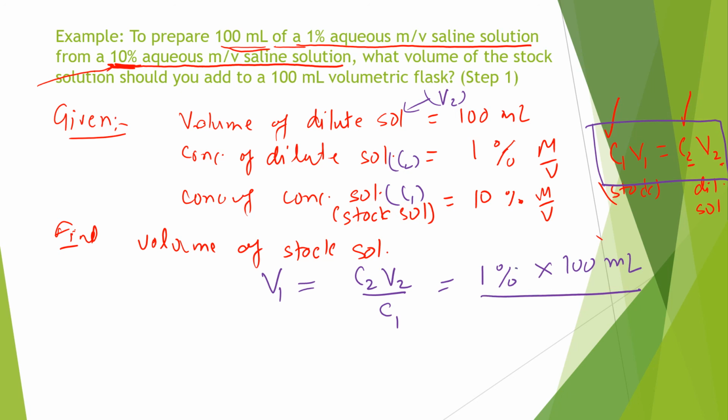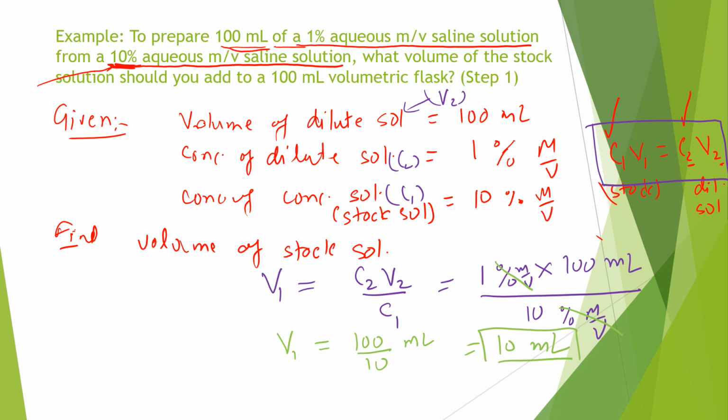Let's keep the entire unit, divided by C1, and C1 is 10% mass over volume. So the unit percent mass over volume cancels with percent mass over volume. So the answer comes out to be V1 equals 100 ml divided by 10, which equals 10 ml.